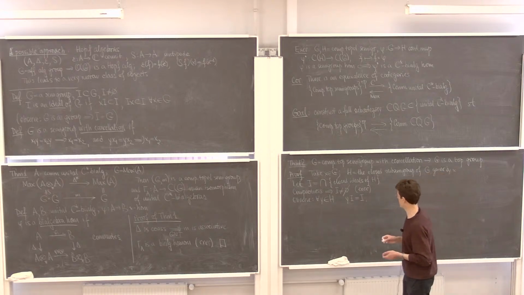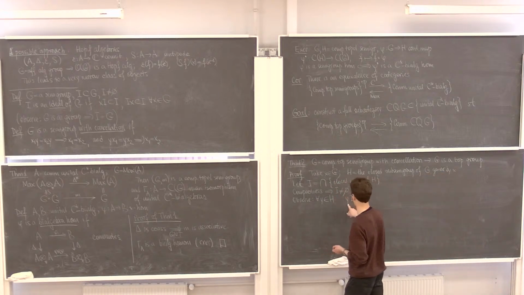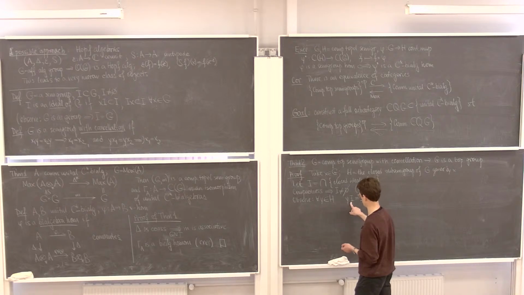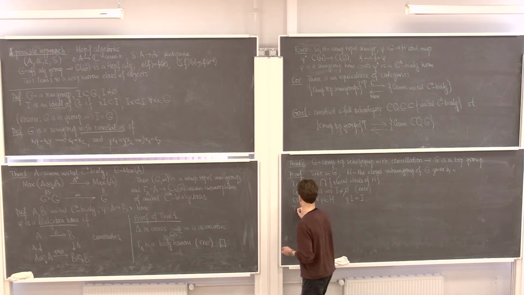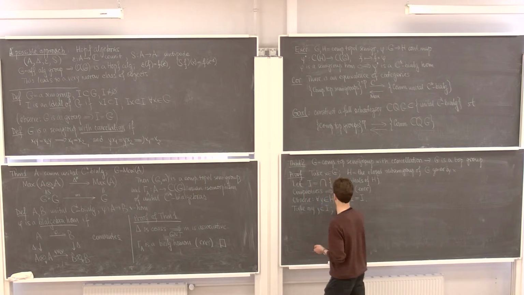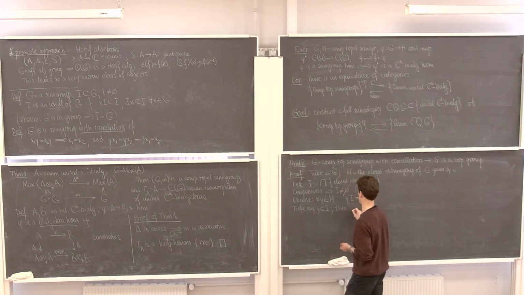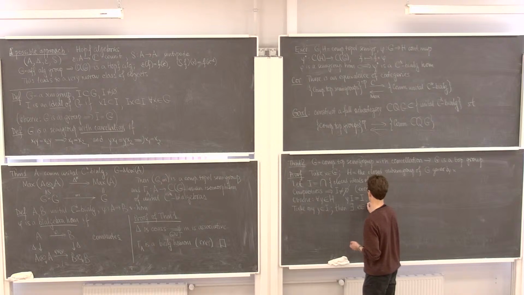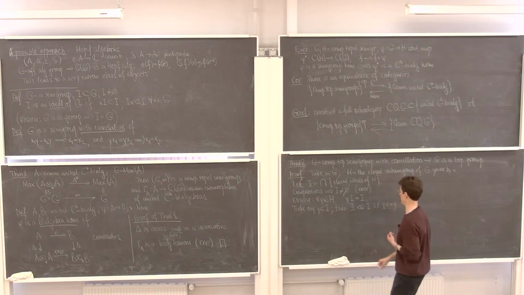Okay. In particular, let's now take an element y in I itself. Then this equality implies that there exists an element e in I such that ye equals y.